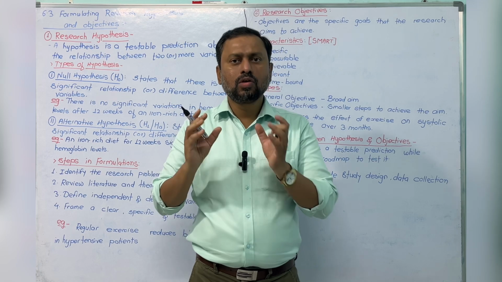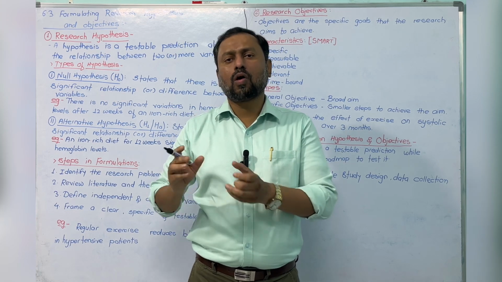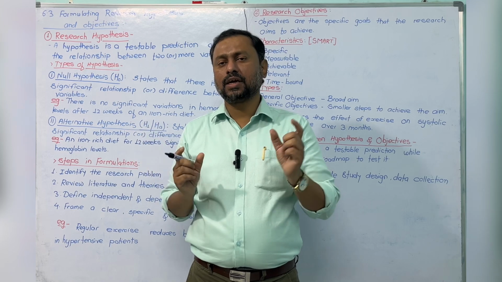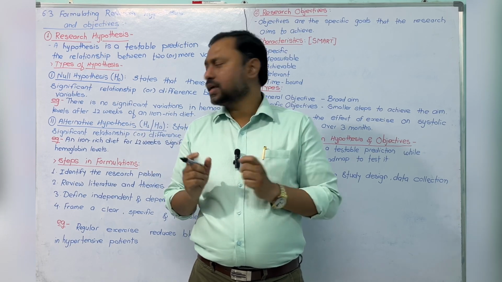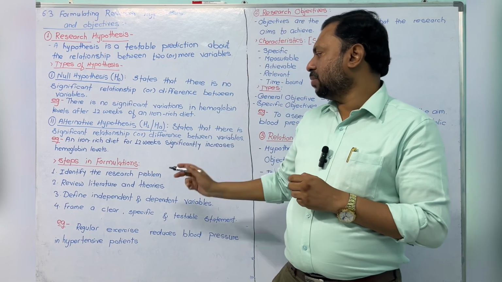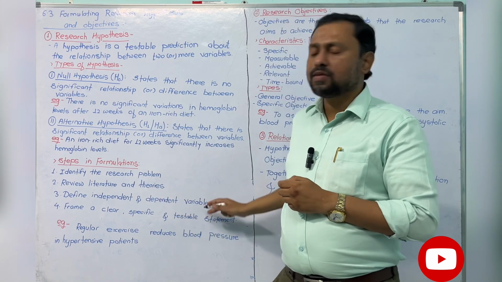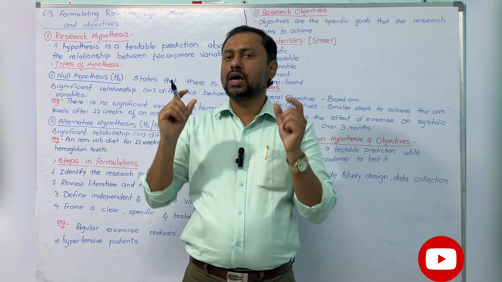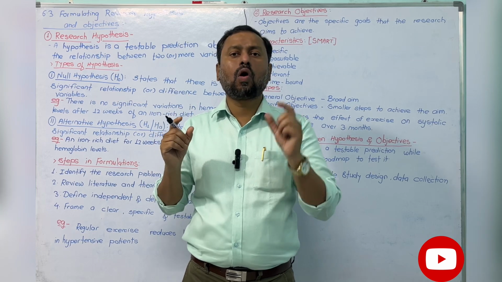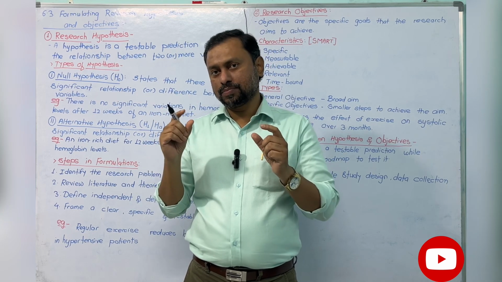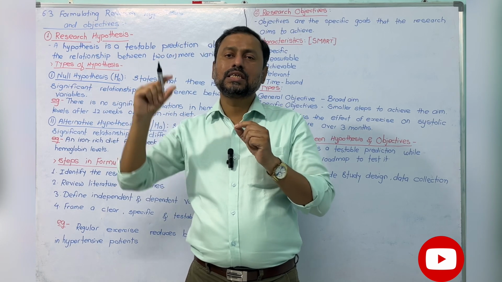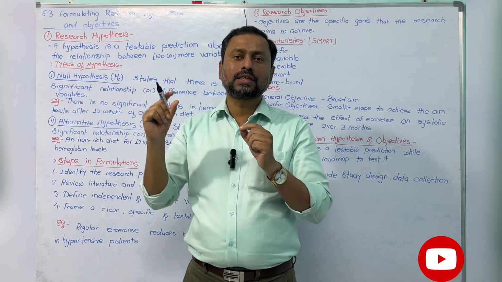Here mainly two or more variables are there. Simply, for easy understanding, you have to consider two variables. One is called the independent variable and another one is the dependent variable. It means that we are observing a cause and effect relationship. If you change the cause, whether there is a change in the result or effect or not.